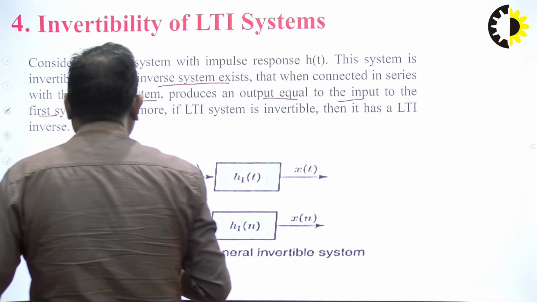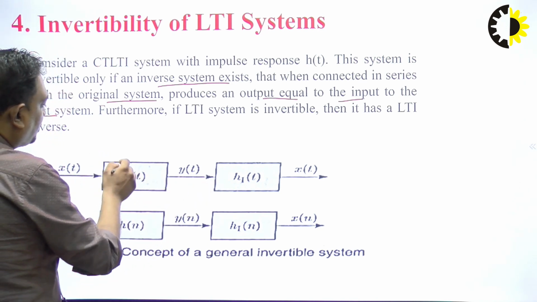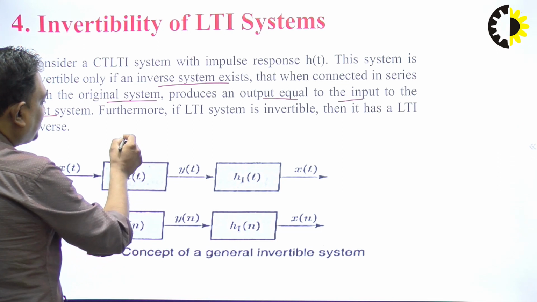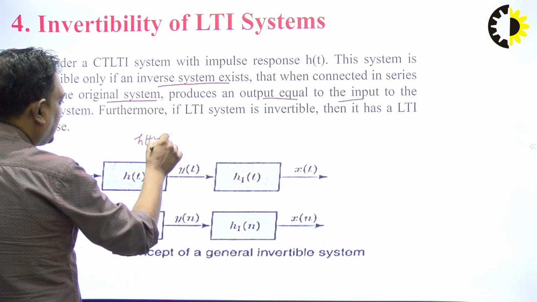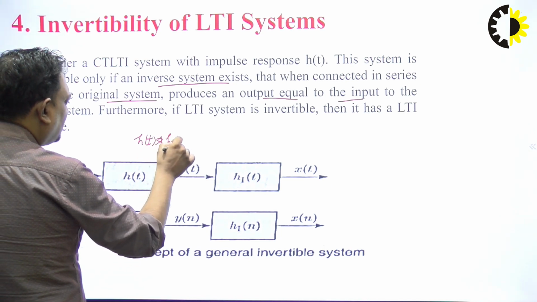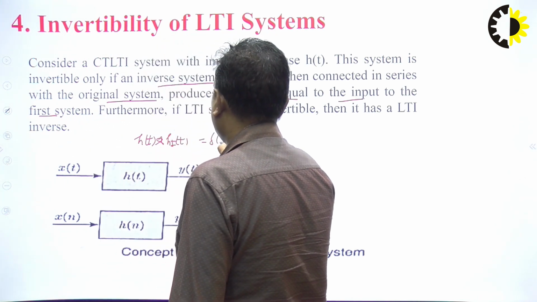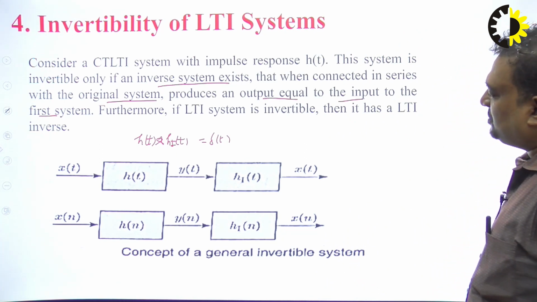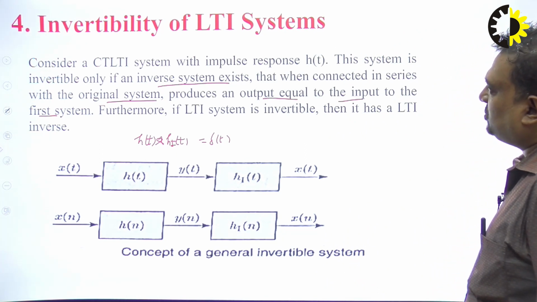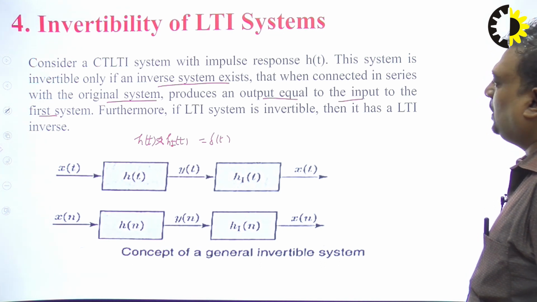So if we suppose this is h(t) and the inverse is h_inv(t), the relationship is h(t) convolved with h_inv(t) equals delta(t). This is the condition for invertibility: if an inverse system exists, the system is invertible. Similarly in the case of a discrete-time system, h[n] convolved with h_inv[n] equals delta[n].